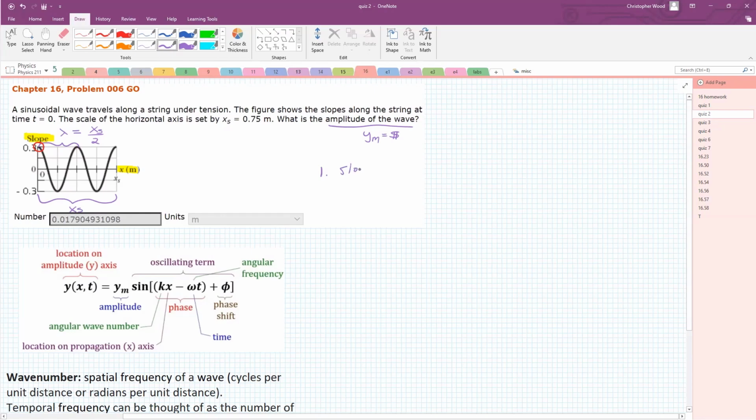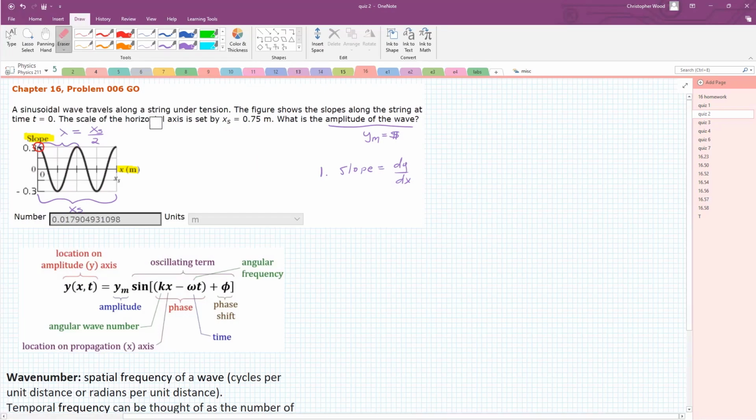The slope that we're looking at is equal to dy dx. I came within inches of saying slope equals dy dt, but I stopped myself because I'm looking at the graph.